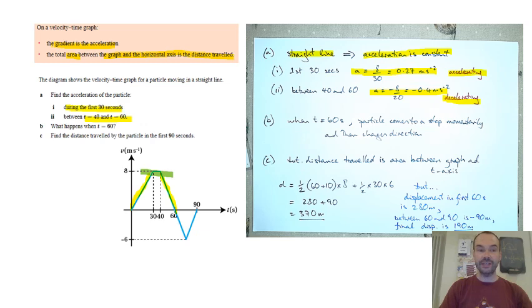When t is 60, what happens there? The velocity goes from being positive to being negative. But it also goes through 0 on the way to doing that. So it comes to rest, how long for? Momentarily, and then changes direction.